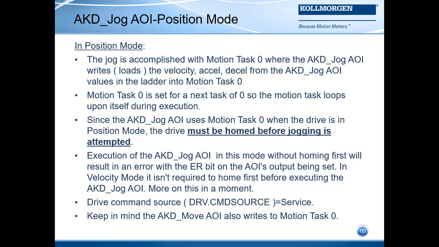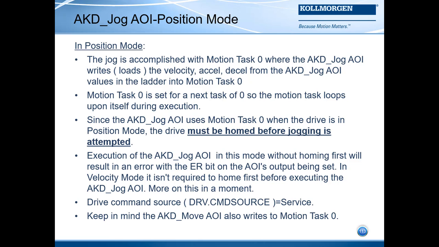Again, this is done by the triggering of the AKD jog add-on instruction. Since the AKD jog add-on instruction uses motion task 0 when the drive is in position mode, the drive must be homed before jogging is attempted.